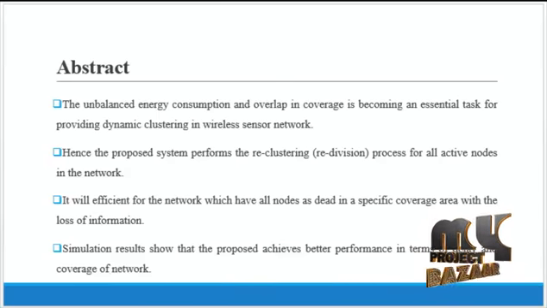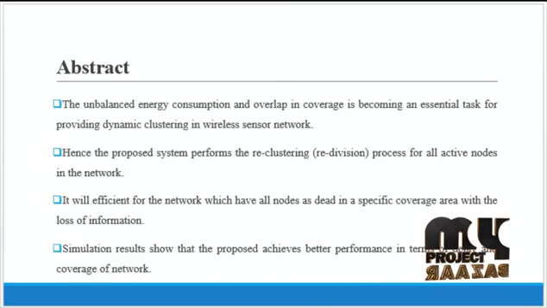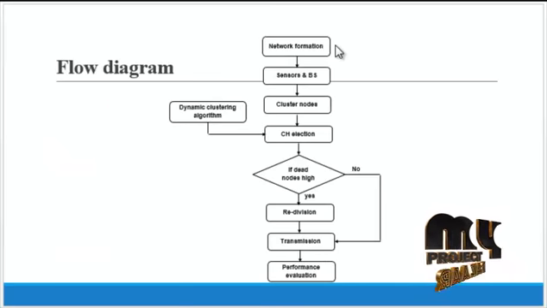It will be efficient for the network in which all nodes are split in a specific coverage area, without loss of information. The simulation results show that the proposed scheme achieves better performance in terms of the delay and the coverage of the network. Let's see the flow diagram of our process.